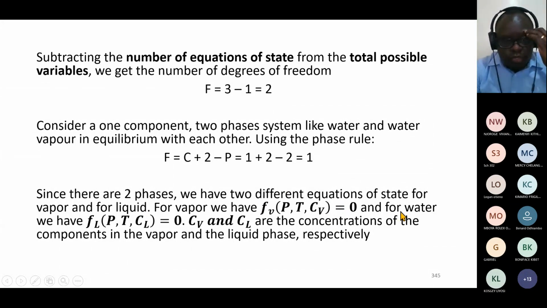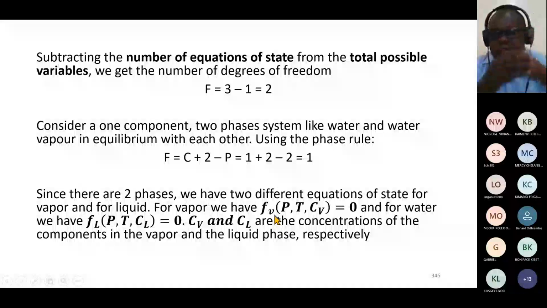And for the liquid phase of water, it can be represented by this. So here, CV and CL, these are the concentration of the components in the vapor and the liquid phase, respectively. Okay, so we have 2 equations of state.